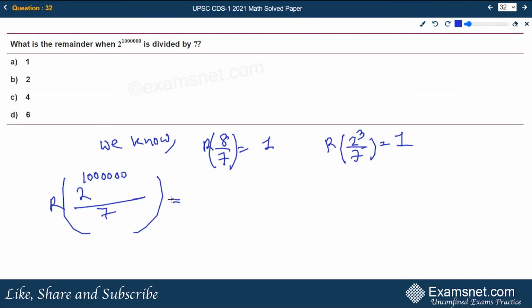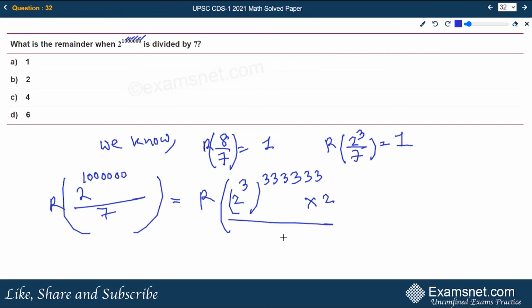In that case, I can break it up as 2 cubed whole to the power 1, 2, 3, 4, 5, 6, six threes, multiplied by 2, divided by 7.